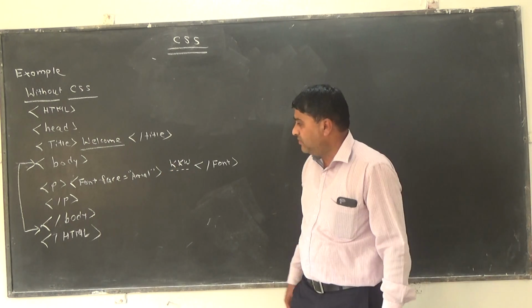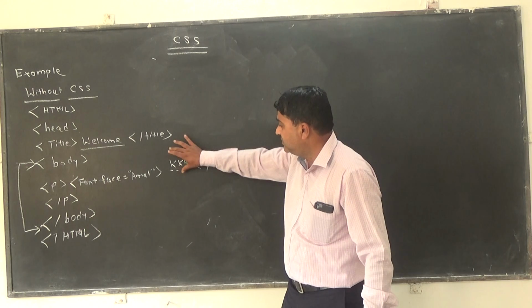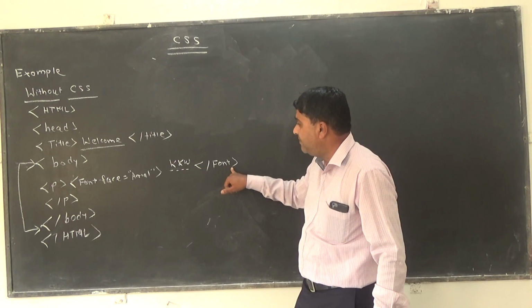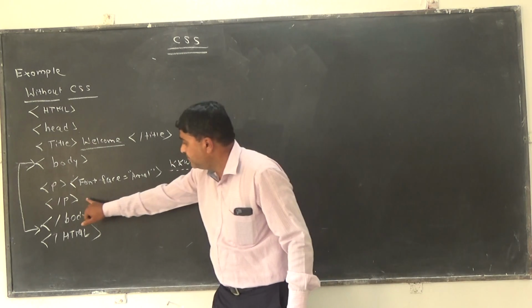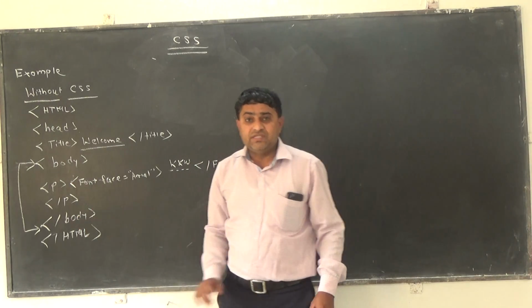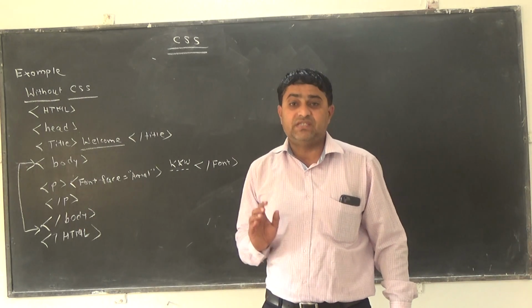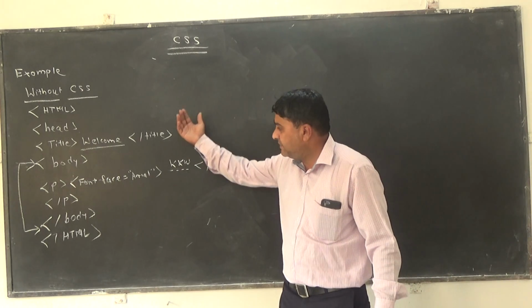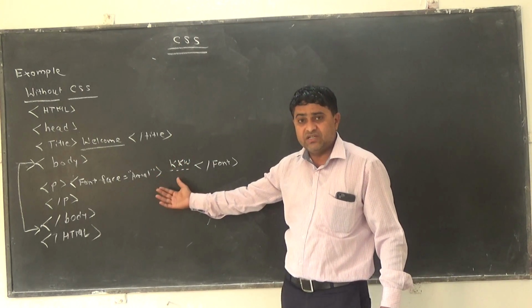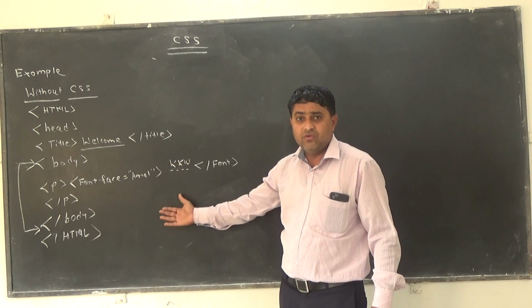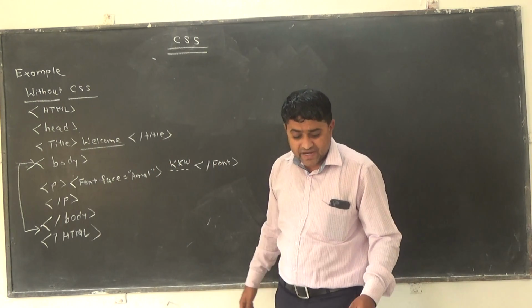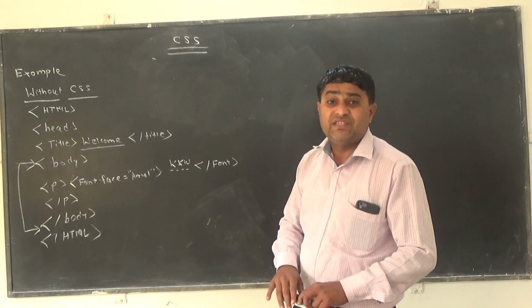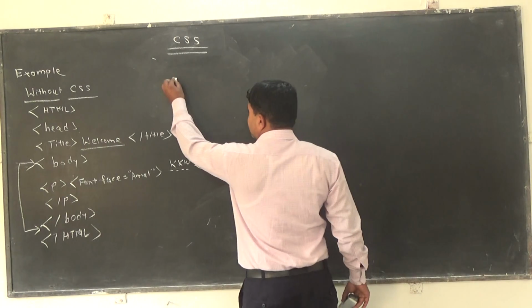KKW is a statement, meaning that the font face will be applied to this KKW, and then close the font and close the tag. So this is the example without CSS. We apply the style sheet in this way also. But the next method is to apply the style sheet with CSS.